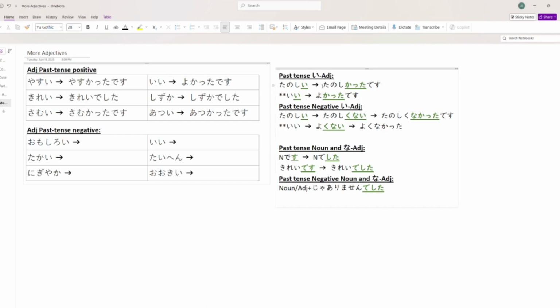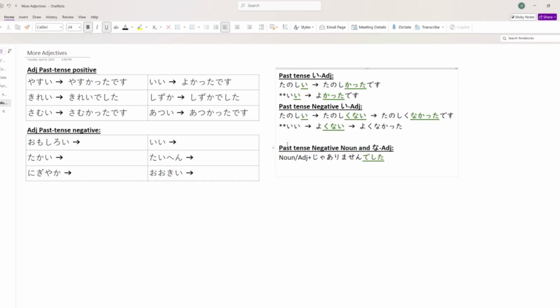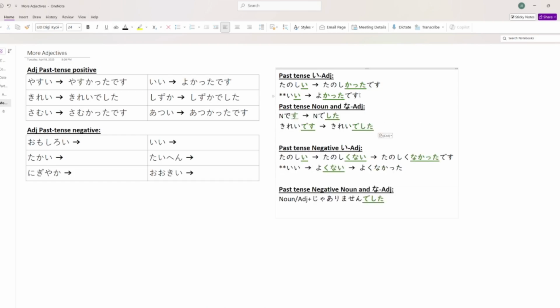I wasn't sure if I wanted to do positive and negative grouped up, or positive first and then negative second. It's split up between E adjectives up here and non-adjectives down here. Would it make more sense to split them between positive and negative for you? I think it might. Okay, I'm sorry. All good. I just wasn't too sure. Okay, there we go.